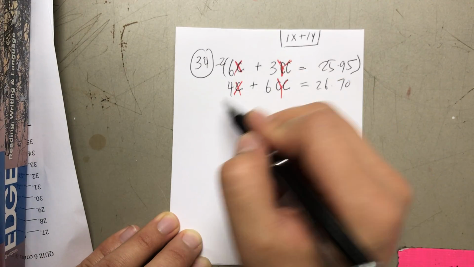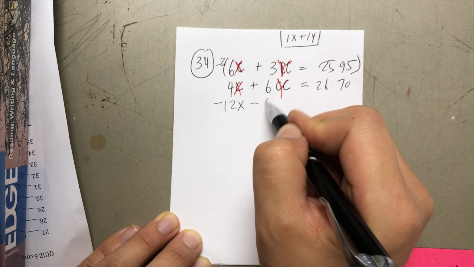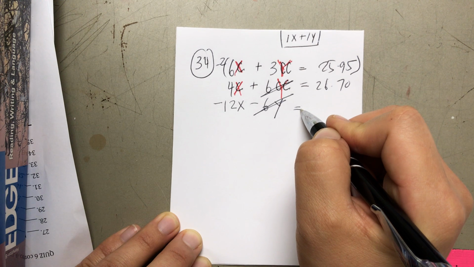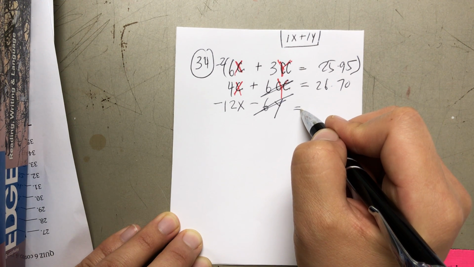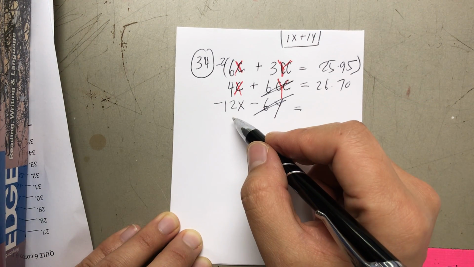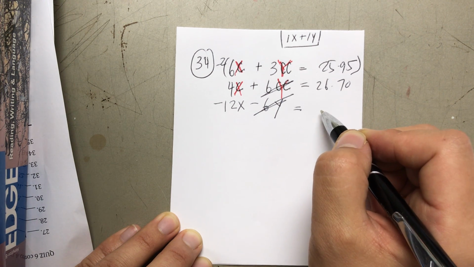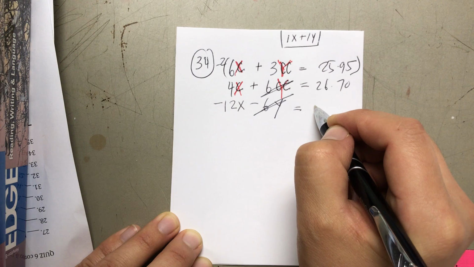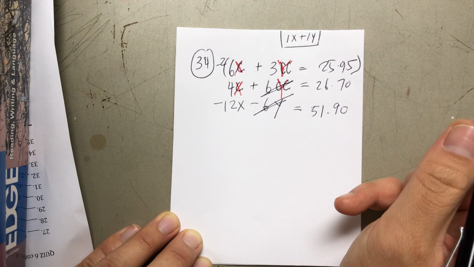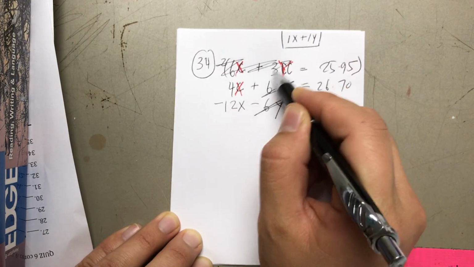Okay, so if we do that, and I'll just write it down here, -12x, that's going to be -6y, which will cancel that out, is going to equal, and then if you do this in your calculator, which you are allowed to use, -12x plus -6y, and then on top of this one, it'll be 51.90. Okay, so negative that. And you could cross all this out right over here.